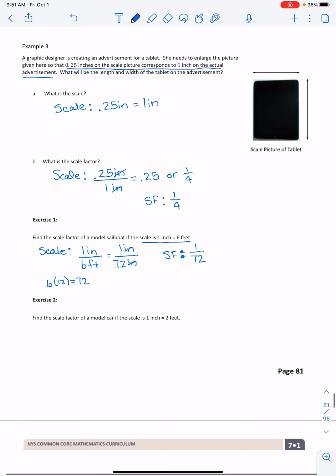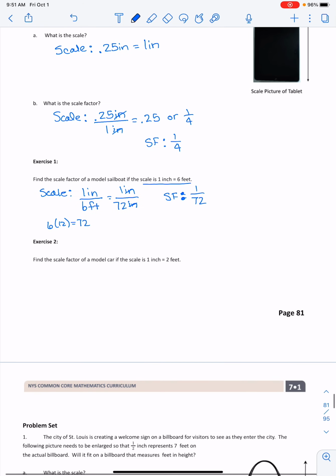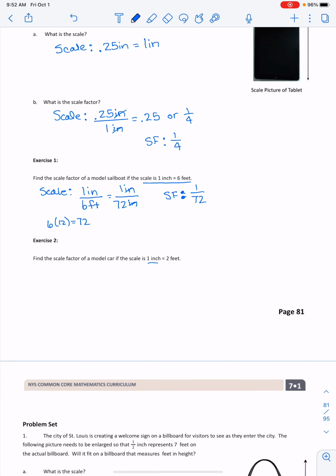Our last question is find the scale factor of a model car, actually, if the scale is 1 inch equals 2 feet. So our scale is 1 inch over 2 feet. So 2 times 12, which equals 24.